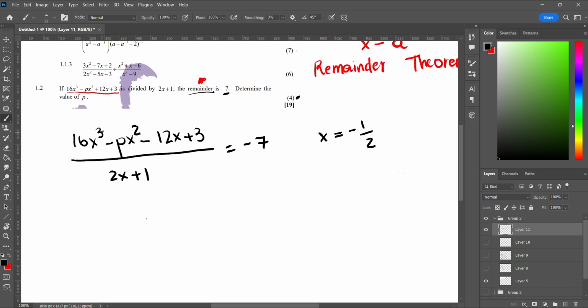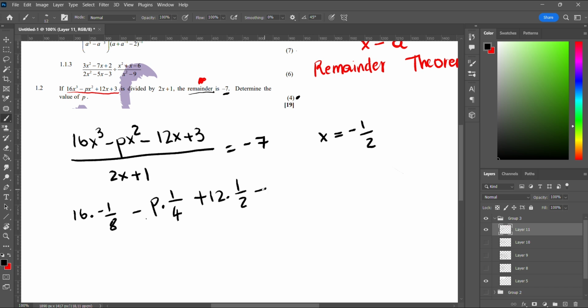So minus half cubed would be 16 times minus 1 over 8. Half squared would be p times 1 over 4. Minus half would be plus 12 times half.